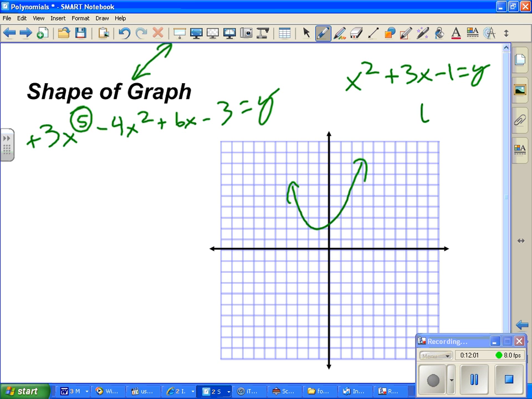If it doesn't, you're going to get imaginary answers. This is why sometimes when we do the quadratic formula, we end up with 3 plus or minus 2i. You have 2 imaginary answers, which just means that the graph never actually crossed the x-axis. So again, another thing you can look at to see whether you're on the right track or not. Kind of get that general shape of the graph using imaginary numbers.